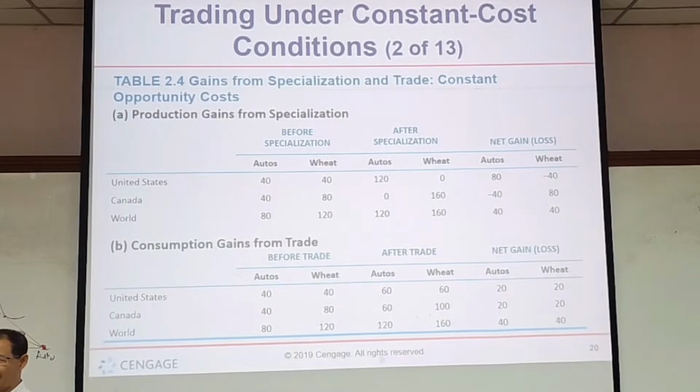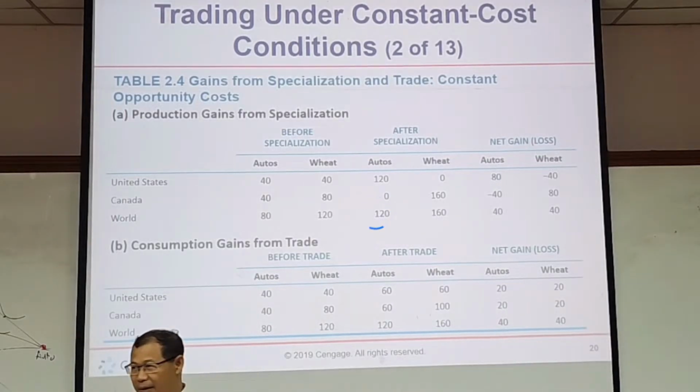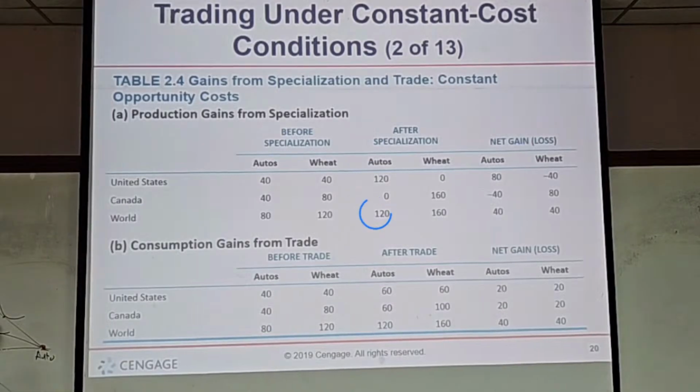That was production. This is the consumption point, and we're talking about the gain in consumption.